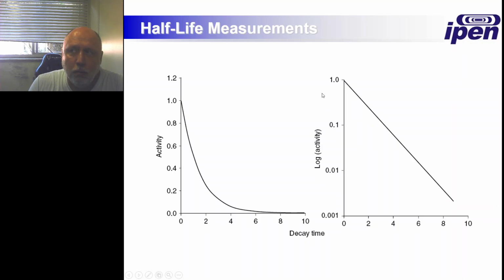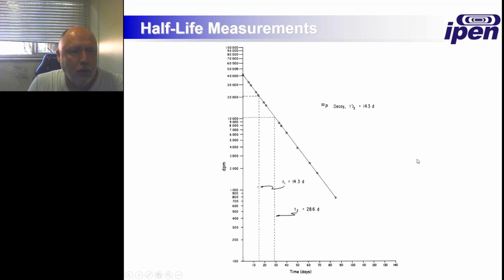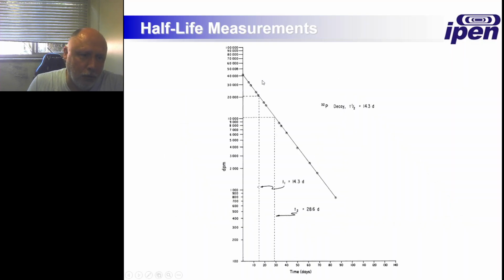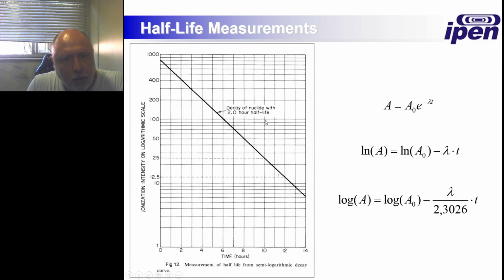It's ln of a0 minus lambda t. You linearize the function, and on a logarithm scale it becomes a straight line, and you can determine the half-life, or in fact the decay constant, by the inclination of this line.